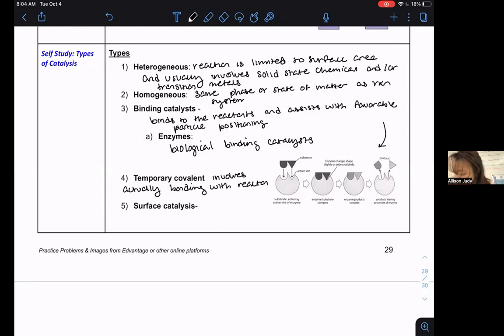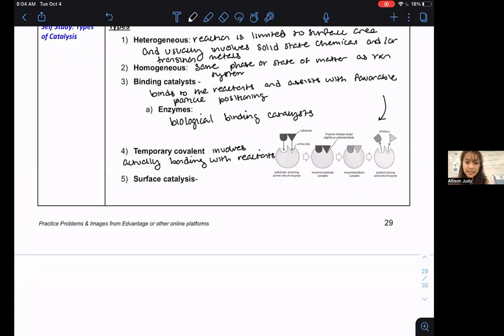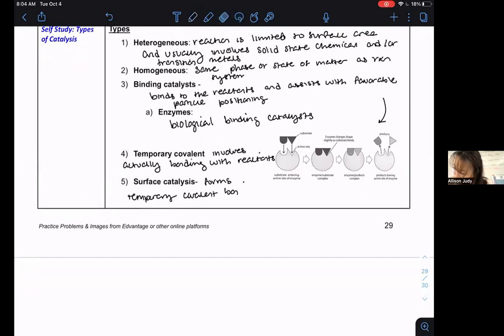So then we have temporary covalent catalysis, which involves actually bonding with the reactants. I'm creating an intermediate almost like an intermediate product, but the catalyst itself is still regenerated. Okay. And then finally is surface catalysis. This forms similar to kind of the one above. It forms a temporary covalent bond with the surface.